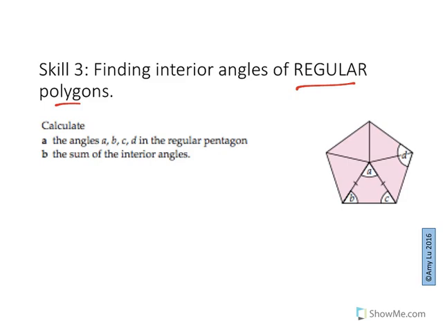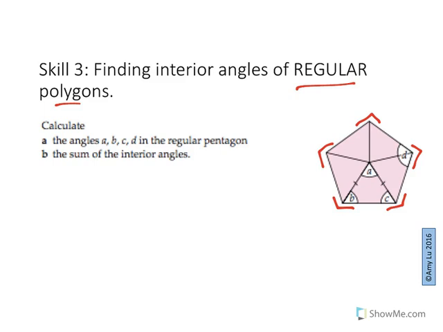Now, in this exercise, it says to calculate the angles of A, B, C, D in the regular pentagon. So this is a regular pentagon, meaning all these outside edges right here, these corners, they actually are the same angle. But we have to make sure that you're searching for A, B, C, and D specifically.